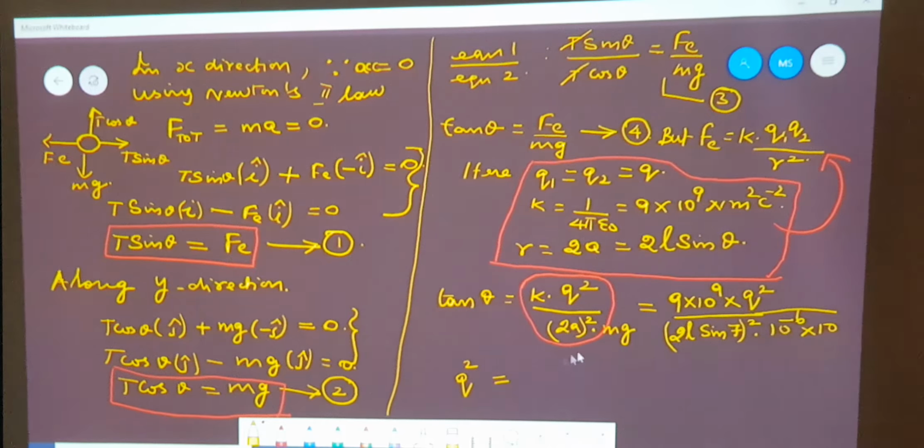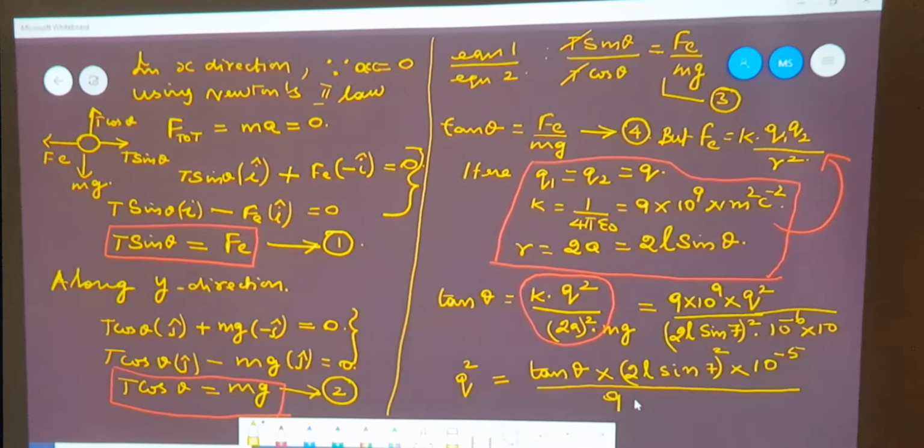Now again, from this you substitute for Q square. Q square is equal to, make a cross multiplication, you get tan theta multiplied with, taking this to the numerator, 2L sin 7 the whole square multiplied with, on simplification, 10 to the power of minus 5, whole divided by, taking this here, you will be getting 9.